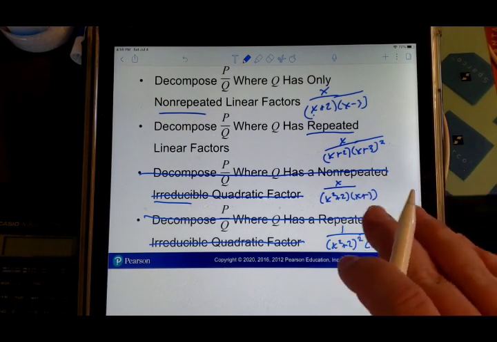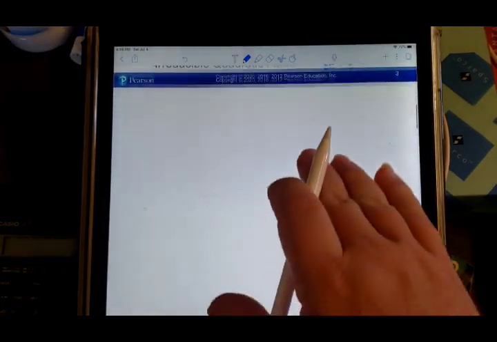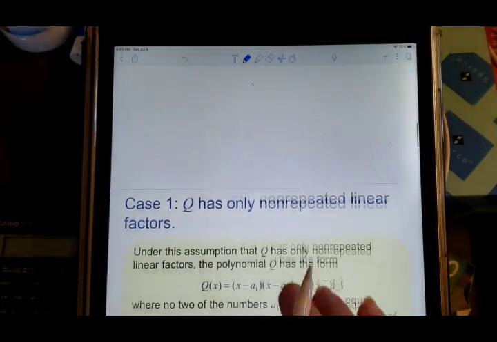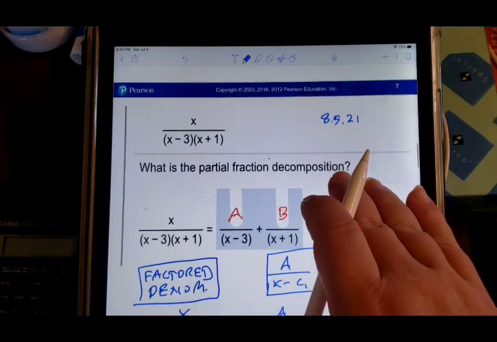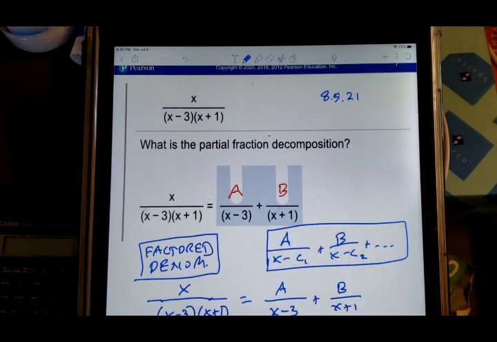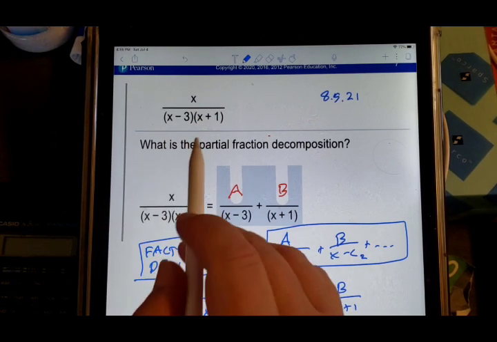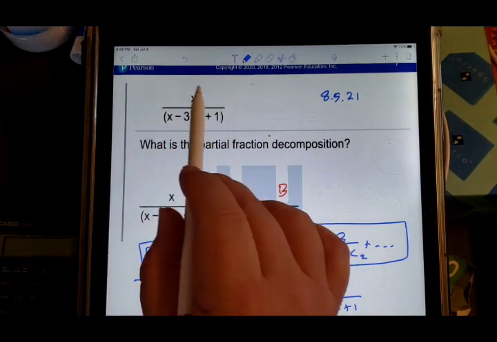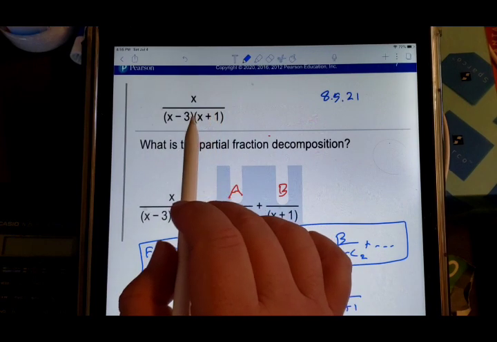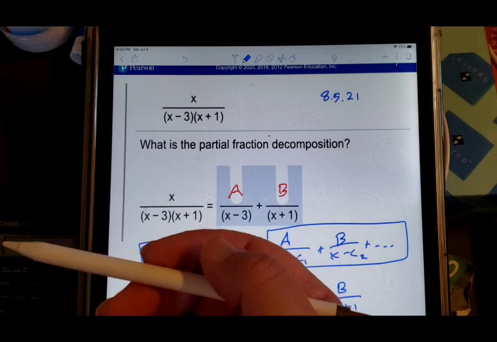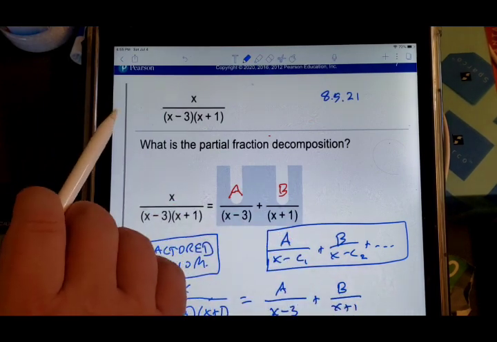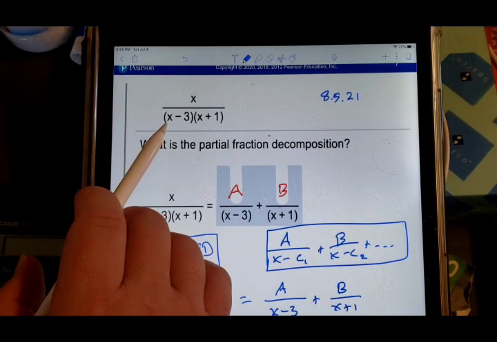All right, still haven't told you what decompose means. So let's just get into it with an example, and I think that's probably the best thing to do. So you're given a polynomial fraction, and it does have to be reduced to its lowest form.